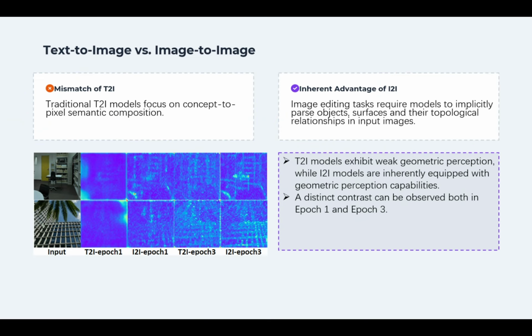We do an easy experiment to show the difference. With the same input, we visualize the DiT block self-attention map. In the same epoch, the edit model is always better at getting the geometry properties.